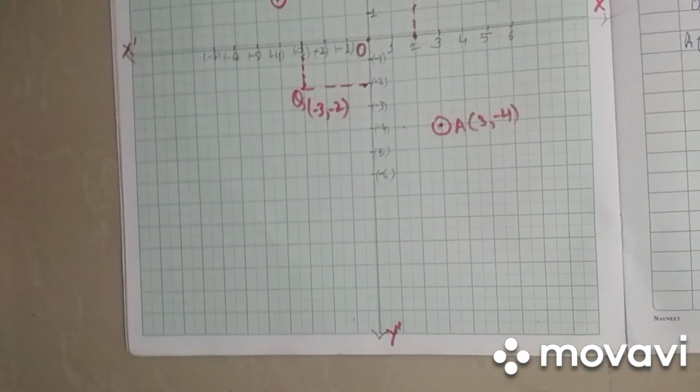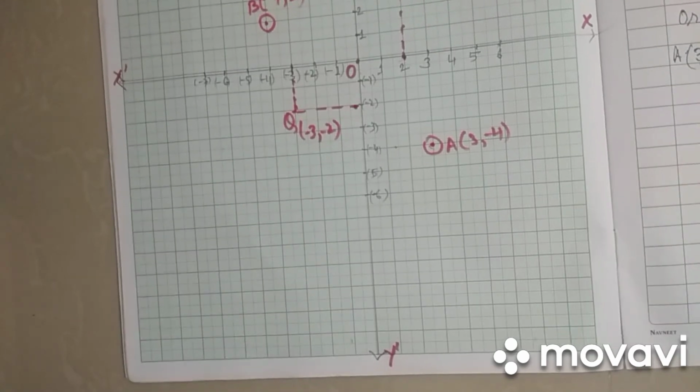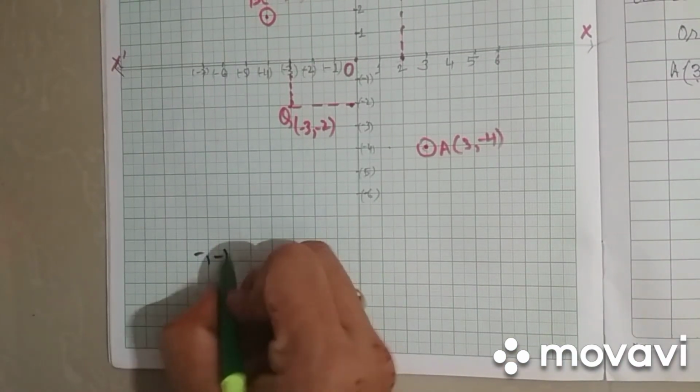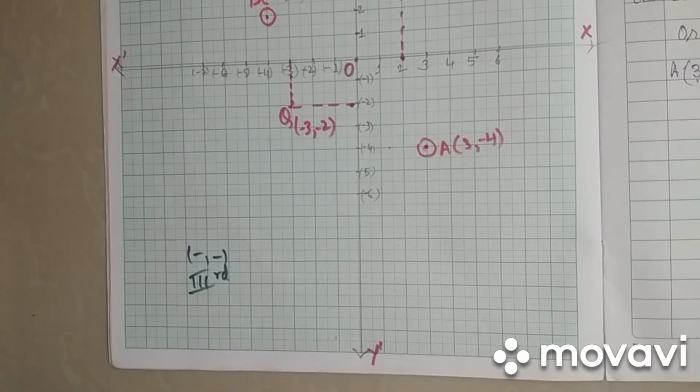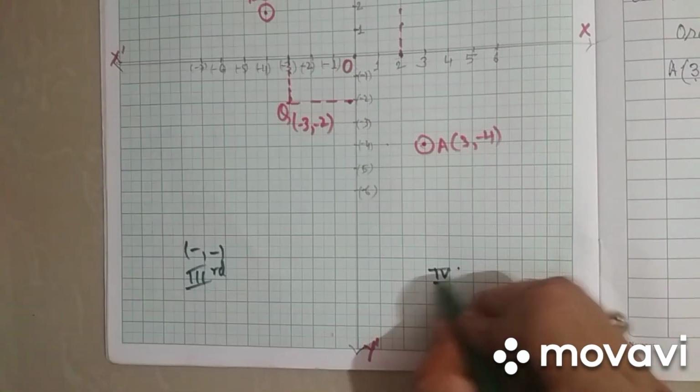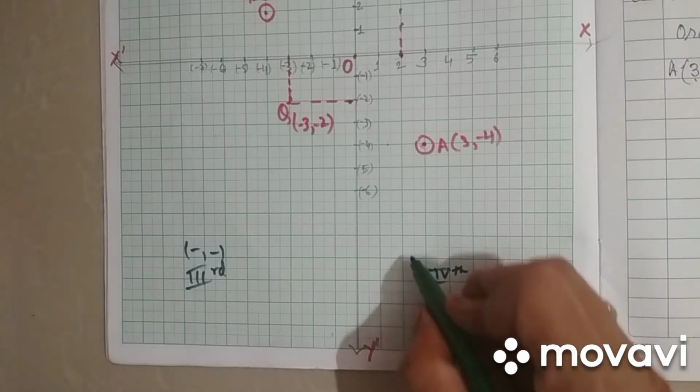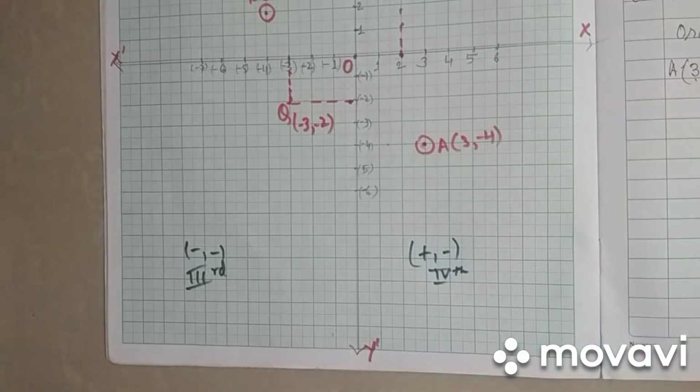If both values are negative, then it lies in the third quadrant. And in the fourth quadrant, what will it be? Plus minus. So understood, beta? It is clear now? Now in your textbook one page is given where the points are given. You have to find out their coordinates. That is also one of the types you have to solve.